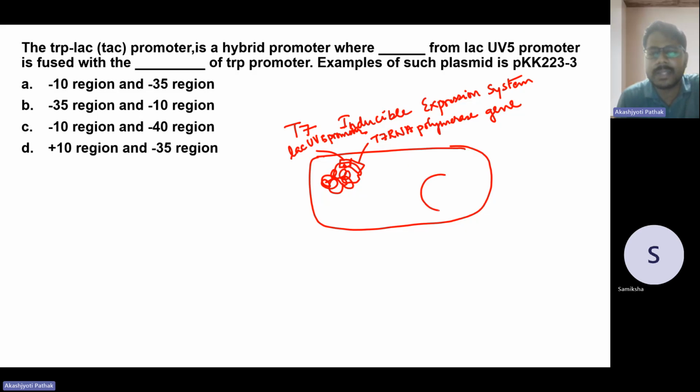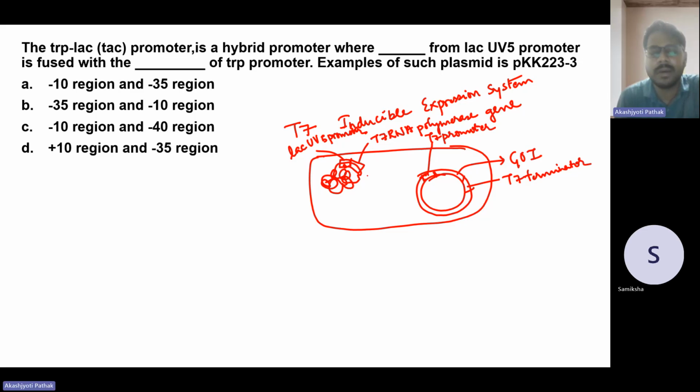And the plasmid, where you have cloned your gene of interest, has a T7 promoter, and your gene of interest is controlled by this T7 promoter. So this is your gene of interest, this is your T7 promoter, and this is your T7 terminator.